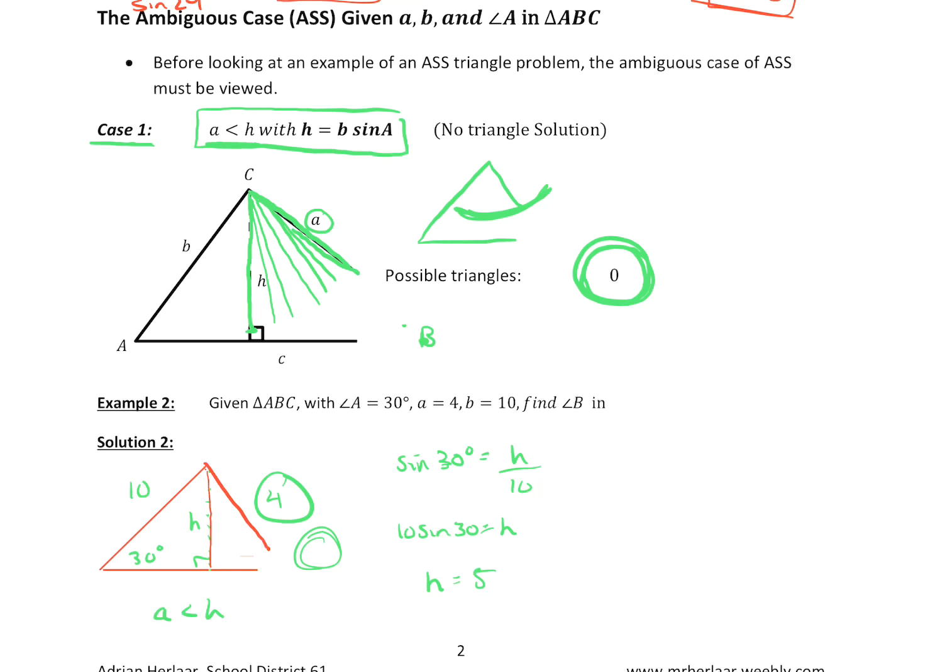But if you were to try this using the sine law and go, okay, well, I can do this because I know that sine A over A is equal to sine B over B. Multiply both sides by 10. Sine B. Here's where the problem is.